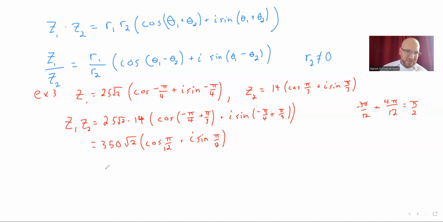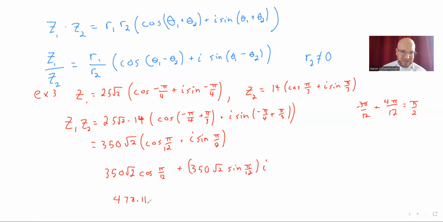But if not, to get my a, I do 350 square root of 2 times cosine of pi over 12, and I get 478.11. Then 350 square root 2 sine pi over 12, and that's times i.